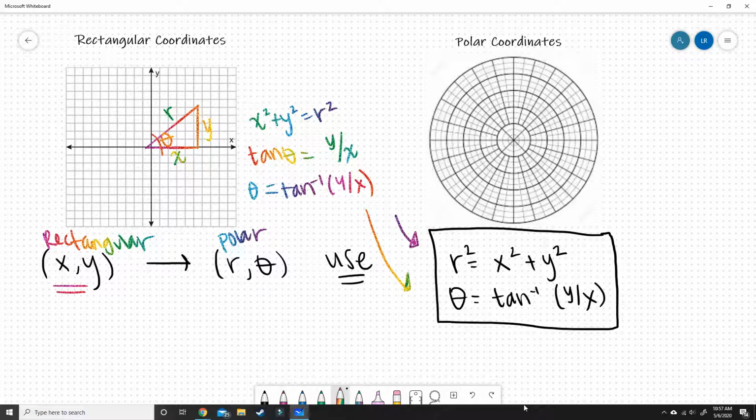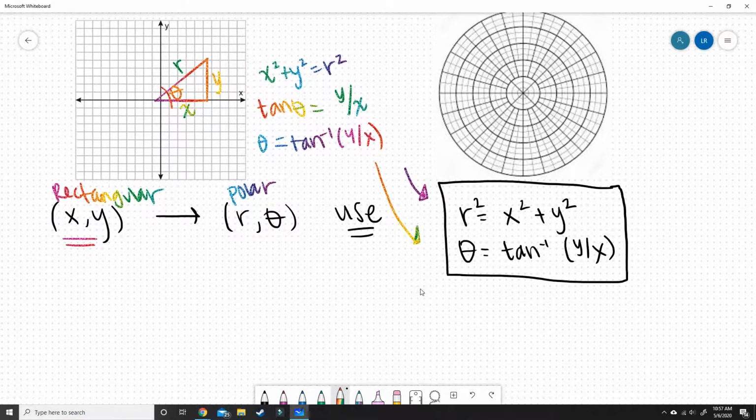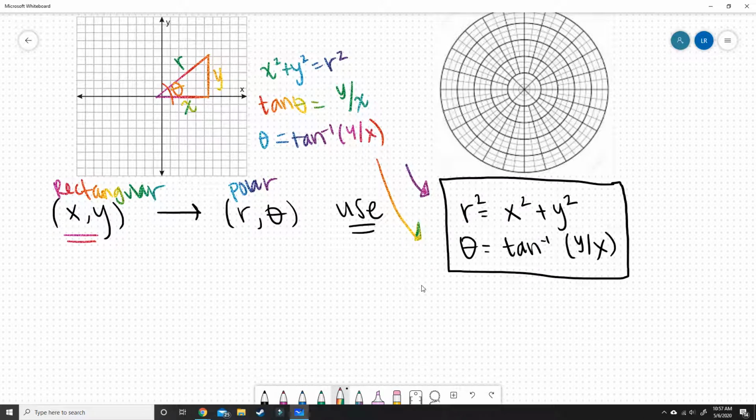So let's go ahead and do a couple of examples where we want to switch from rectangular to polar coordinates. So let's say this is going to be example 1, and we want to change this to a polar coordinate, and let's say we have 1, 5.